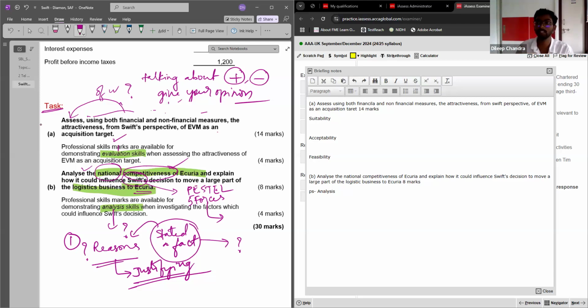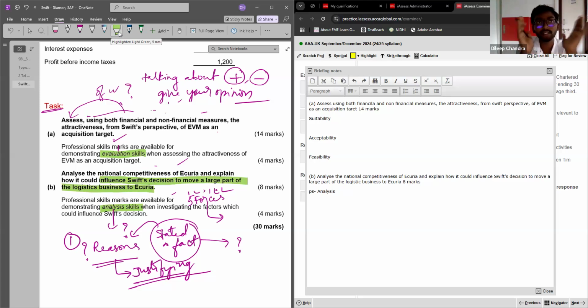So Porter's diamond, it feels like Porter's diamond is being tested here. I'm not sure, but it feels like that with the extension of this sentence: how it will influence Swift's decision to move a large part of the logistics business to ACCA. Oh my God, they're shifting their business to some other country.